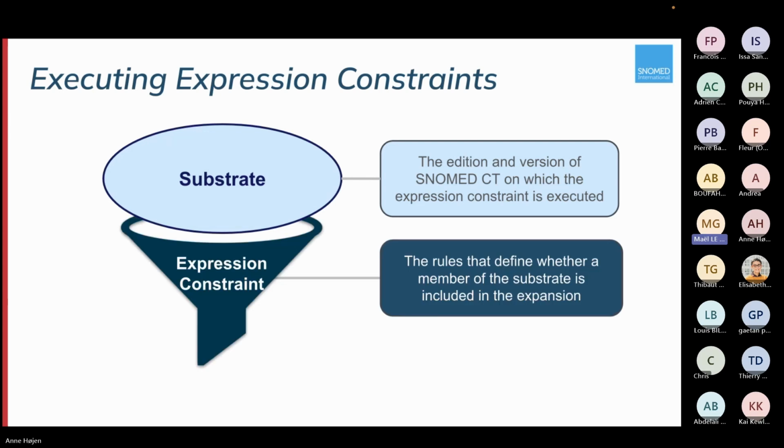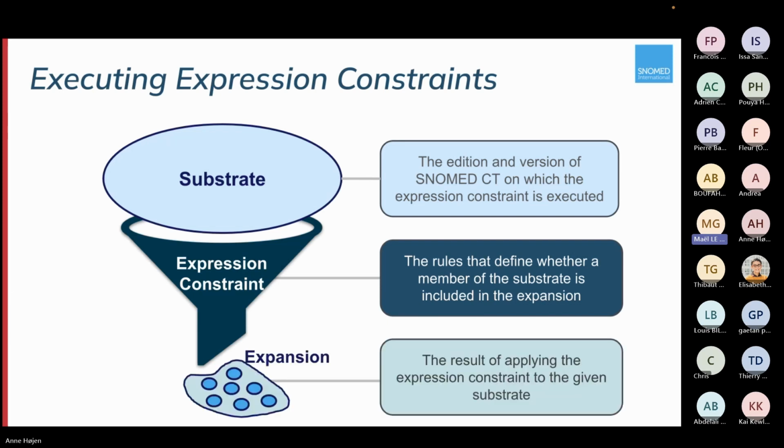And then you have the expression constraint, which specifies the criteria, and we call the result of the executed expression constraint the expansion. So the expansion is a set of concepts that match the criteria.